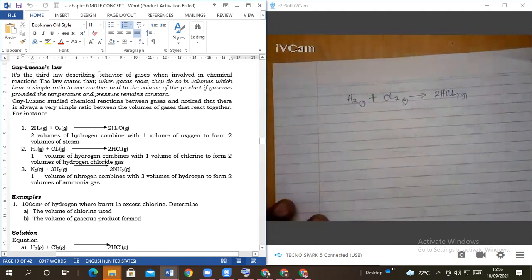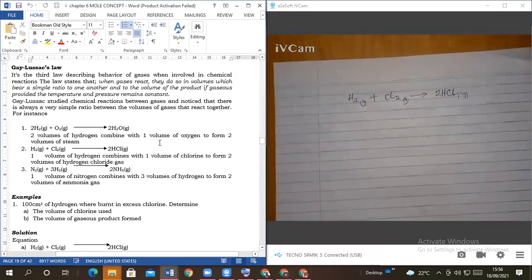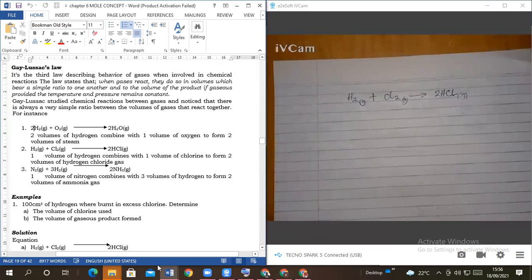He studied the behavior of what? Of gases. So when you see a question with gases everywhere, you know this is a very simple thing to do. Study the mole ratios or the volume ratios, 2, 1, like that. The rest you go, as long as you can come up with a correct equation.